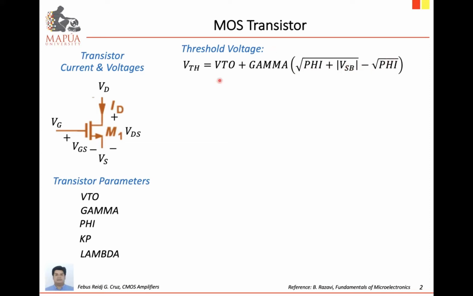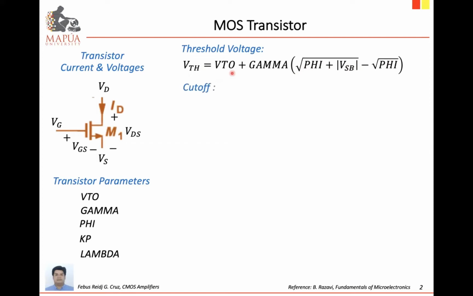We can use this equation to determine the VTH. This will be needed if VSB is not equal to 0. If VSB is 0, then VTH will be equal to VTO.